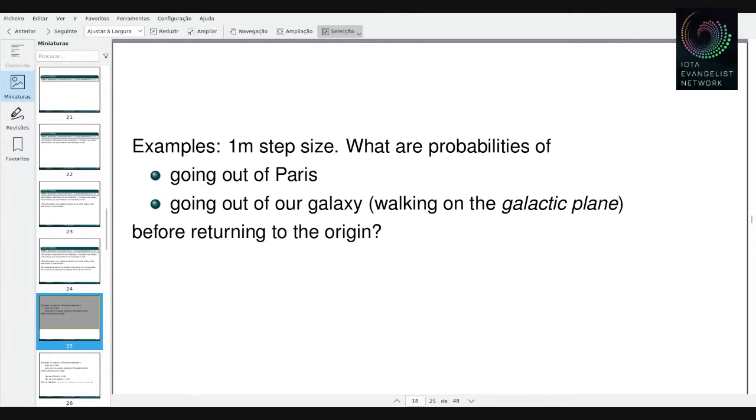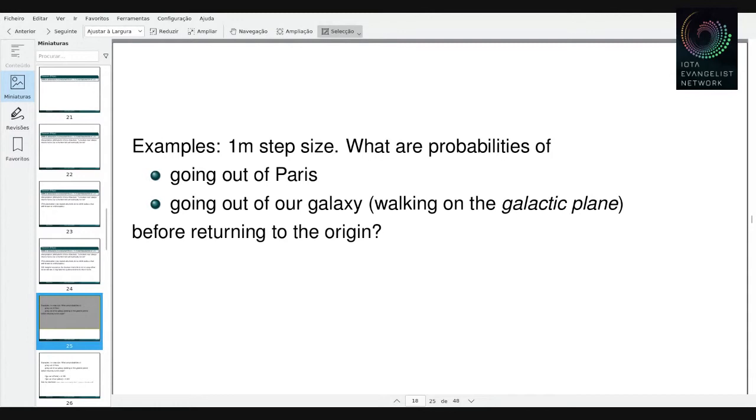And you can also ask about going out of our Milky Way galaxy, if you walk on the so-called galactic plane. You know that the galaxy is almost 2-dimensional, somehow a pancake, so you can define something that you call the galactic plane. Actually, there is a giant black hole in the center of it, but let's ignore this and consider the mathematical aspect of this question.